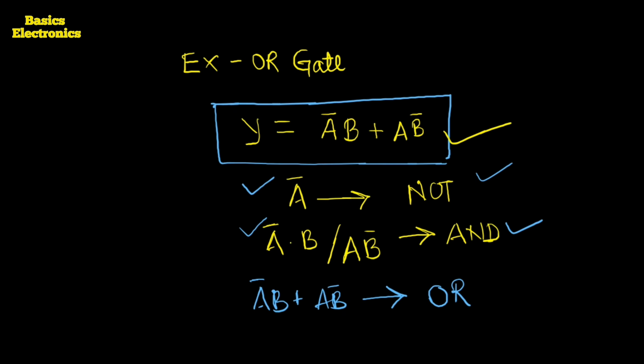But how we can construct it, we have to see, as well as how it is different from the other gates. Its logical equation is Y equals A bar B plus A B bar. Then how we have to construct it, that is the requirement.